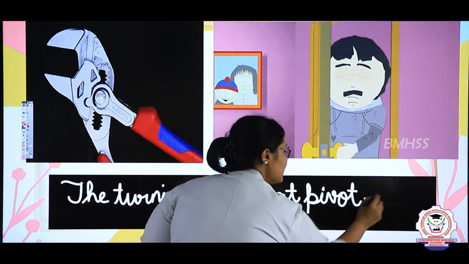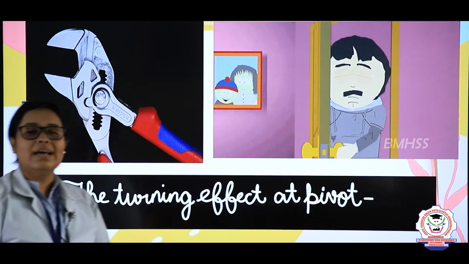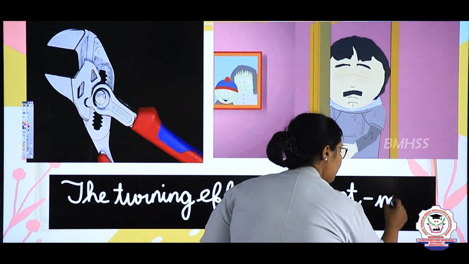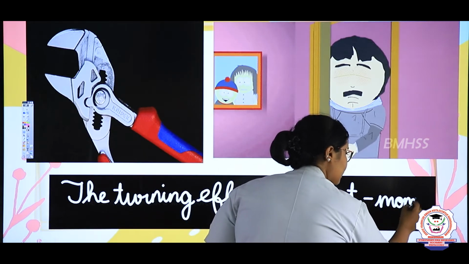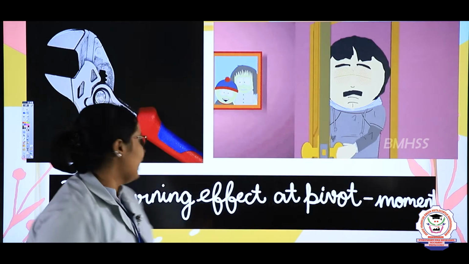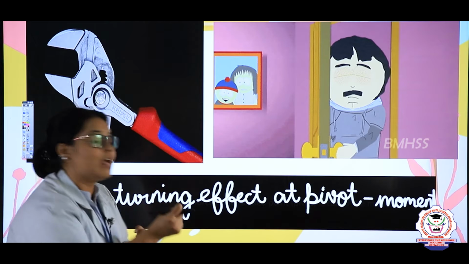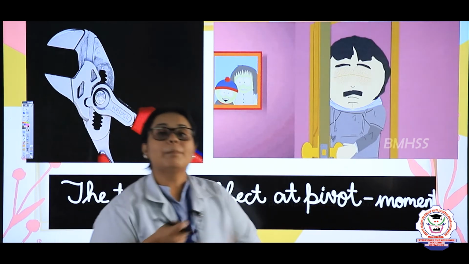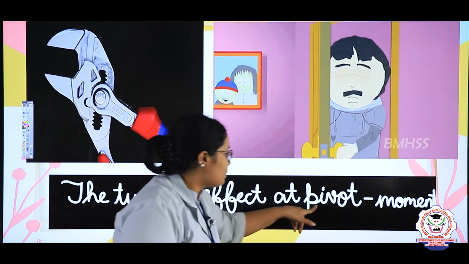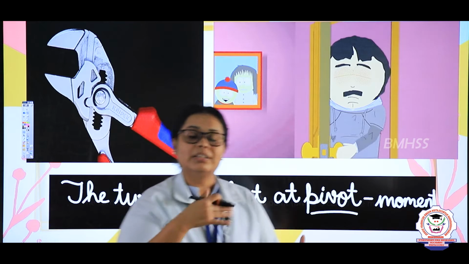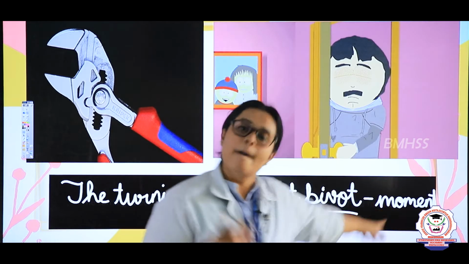Pivot. This particular thing is known as moment. What is it known as? Moment, M-O-M-E-N-T. Okay. So when we are putting a turning effect, at a particular point you cannot put more pressure because of the fixed point which is present, and that fixed point is known as the pivot. This form is known as the moment.